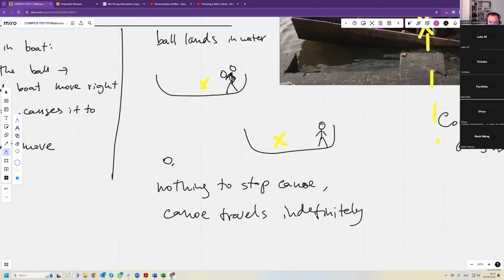When the ball hits the water, resistance causes it to stop. That means there's a water resistance on this ball. Water resistance. And that is the external force that causes the center of mass of the system to move.